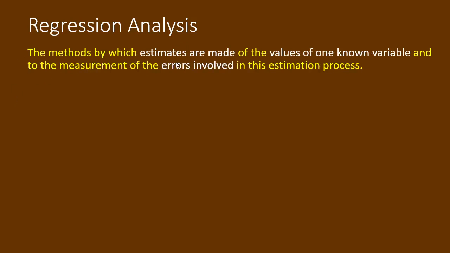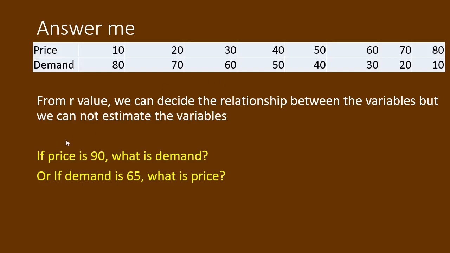It is the method by which estimates are made of the values of one variable from the values of one known variable, together with the measurement of errors involved in the estimation process. We estimate the value of one variable based on another known variable. In this case we know the price and we estimate the demand, so price is the known variable and demand is the unknown variable.